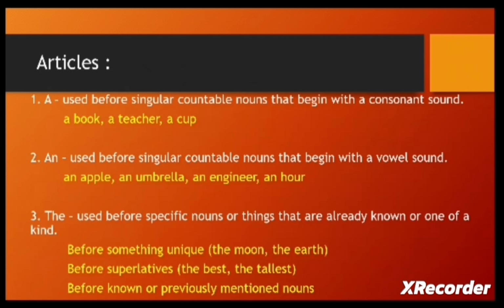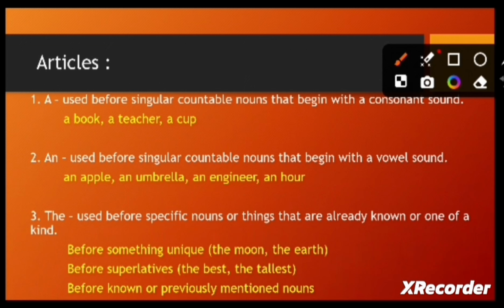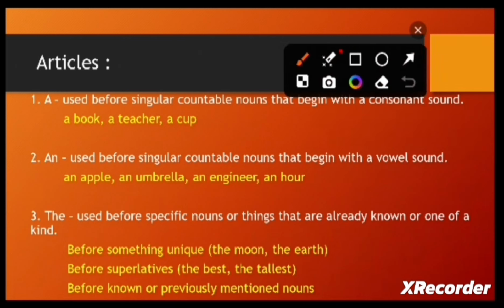To understand the determiners in a better way, I have a detailed description of each determiner. So first I have taken articles. The article a is used before a singular countable noun that begins with a consonant sound. Understood?